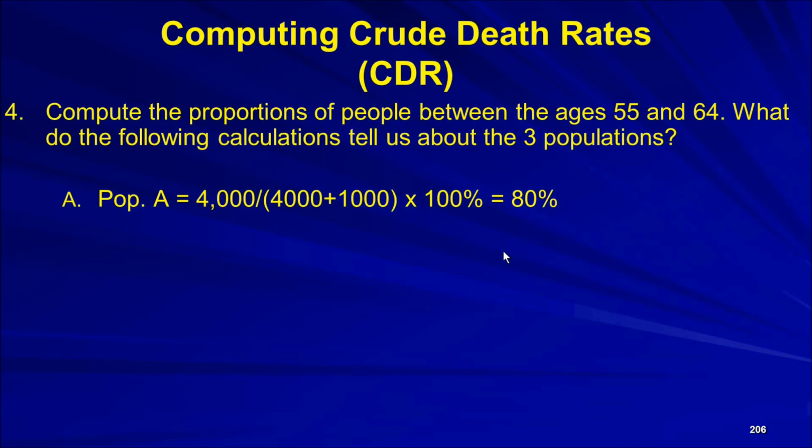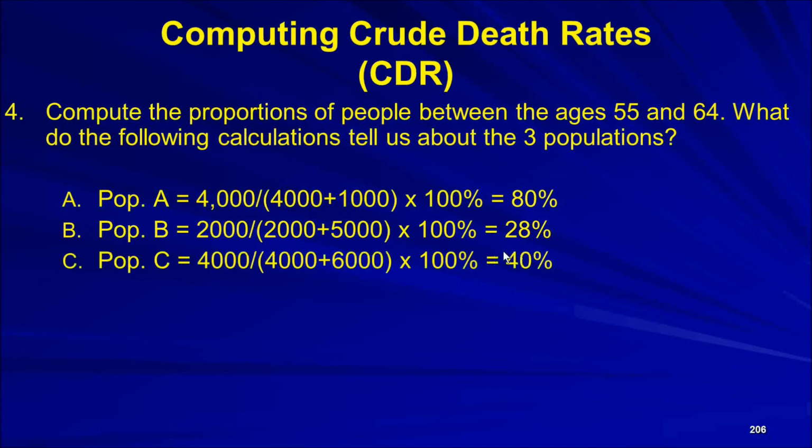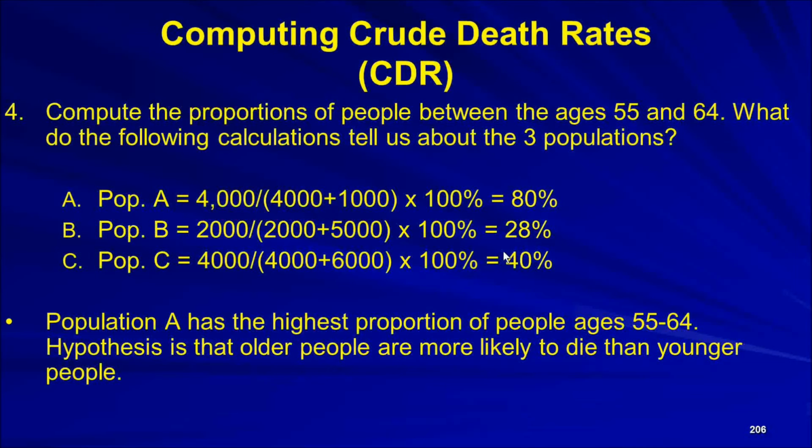Okay, so we see in population A that we have 4,000 plus another 1,000, times 100%, so there's 80 percent of people in the 55 to 64 age range. In population B, there are 28%. In population C, there are 40%. Now, population A has the highest proportion of people ages 55 to 64 years of age.